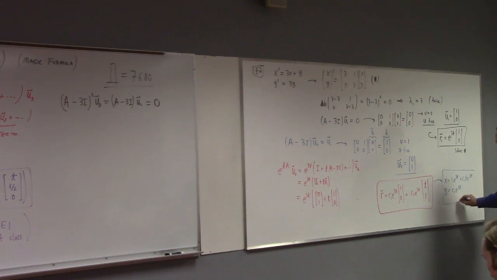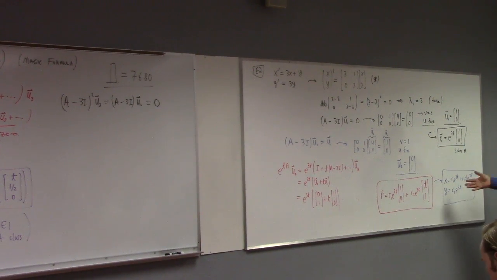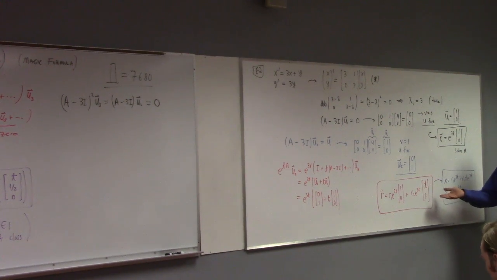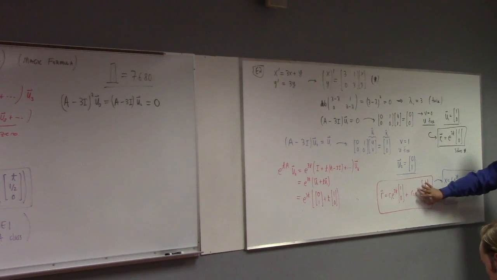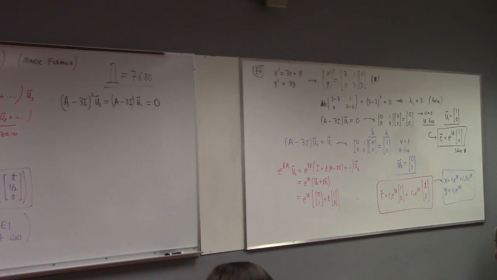So some differential equations instructors insist you write the answer that way. I'm not that person. I personally am very happy if you write your solution in vector format, illustrating that you know what's going on. This is the same answer, what's boxed in red and what's boxed in blue.